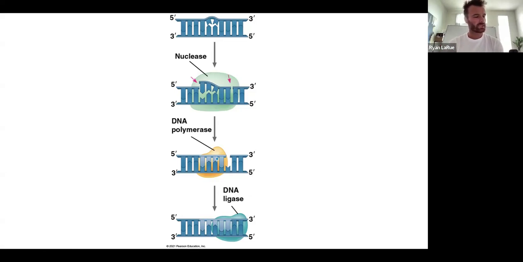So yeah, and I guess the last thing I can mention here is that mutations, this DNA alteration, can happen spontaneously, naturally occurring from errors in DNA replication. Or there can be an external cause of DNA damage.